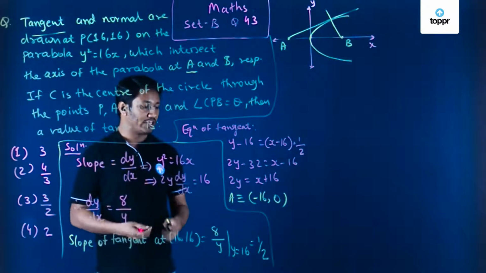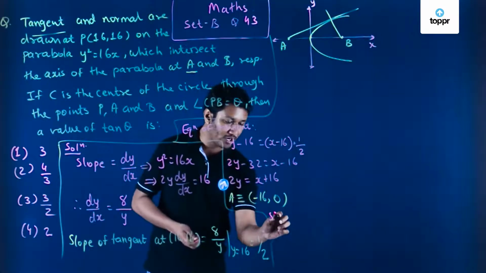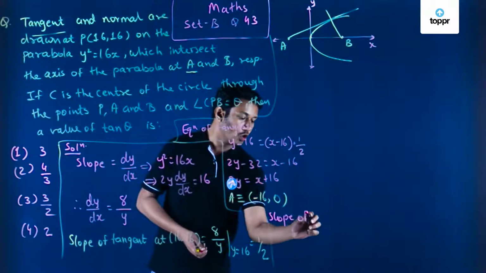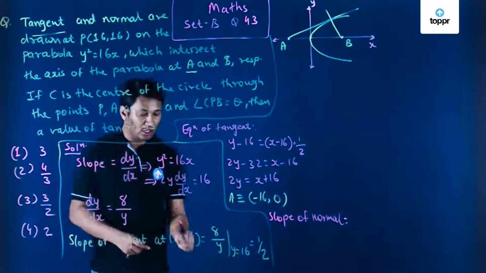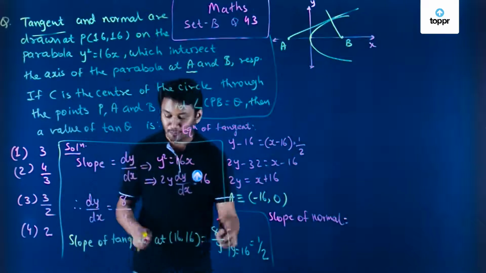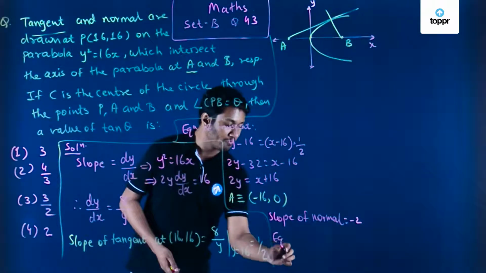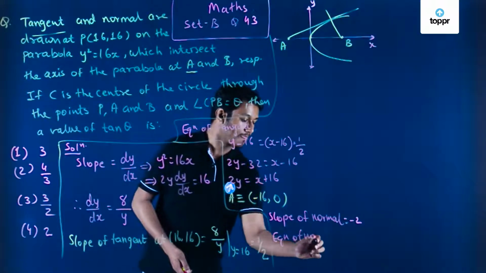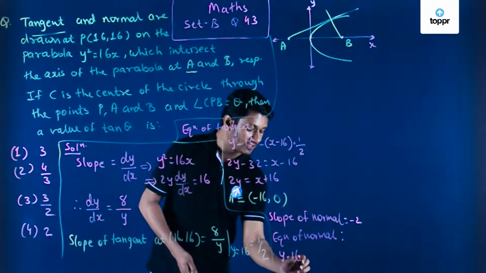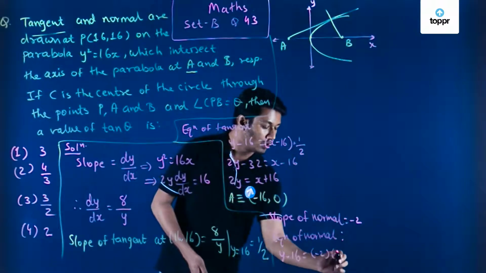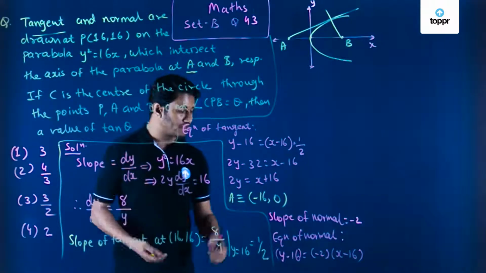Now let us find out the equation of the normal. To get the equation of the normal, I will require the slope of normal. Slope of normal will be equal to minus 1 upon slope of tangent, which will be minus 2. So equation of normal becomes y minus 16 = minus 2 into (x minus 16), because normal also passes through the same point.